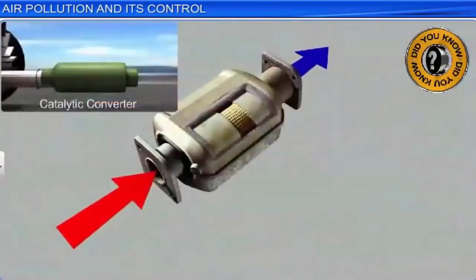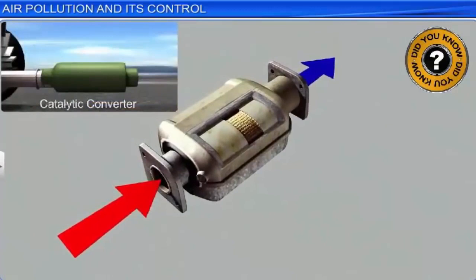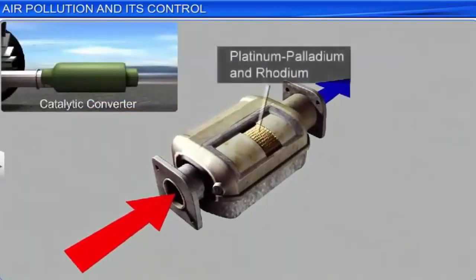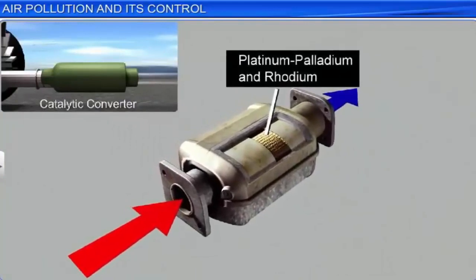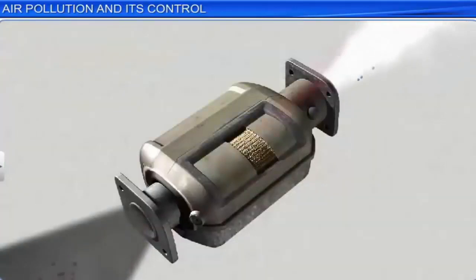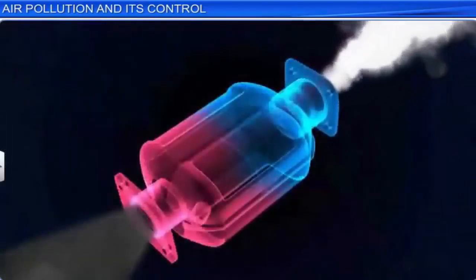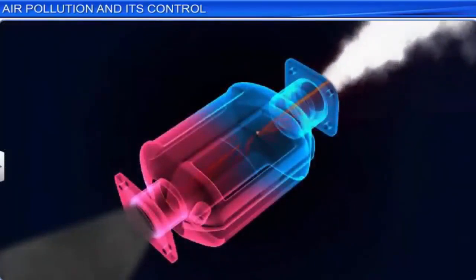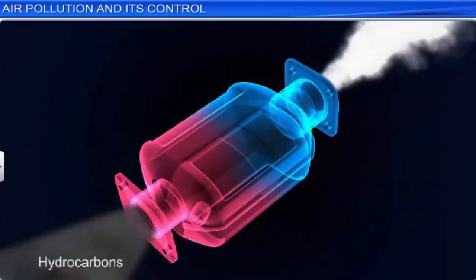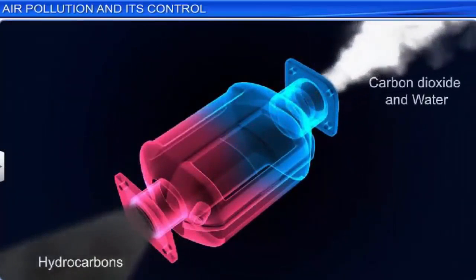Did you know that catalytic converters contain catalysts made of expensive metals such as platinum, palladium, and rhodium? When fitted into vehicles, a catalytic converter changes poisonous exhaust gases such as unburnt hydrocarbons into carbon dioxide and water.